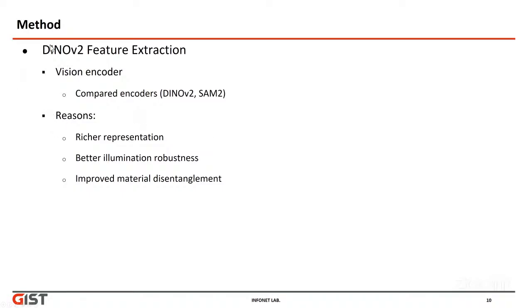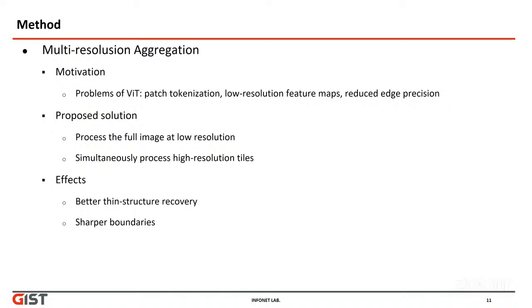They chose DINOv2 for richer representation and better illumination robustness, and it improved material disentanglement. The multi-resolution aggregation step is introduced because the problems of ViT are patch tokenization, low resolution feature maps, and reduced edge precision.